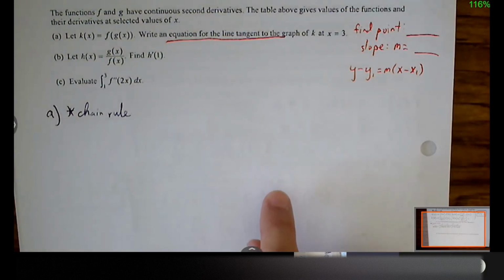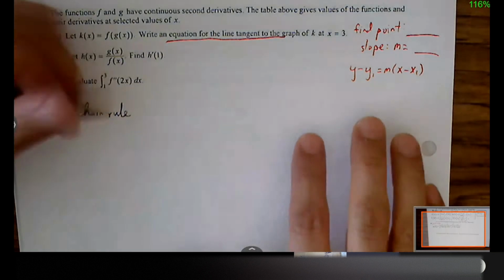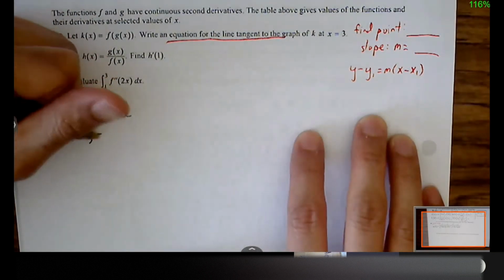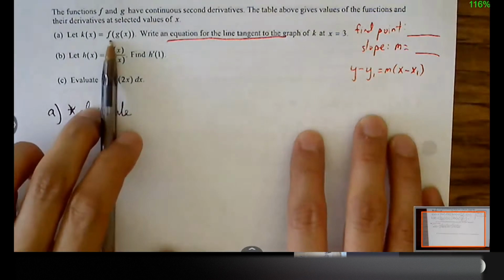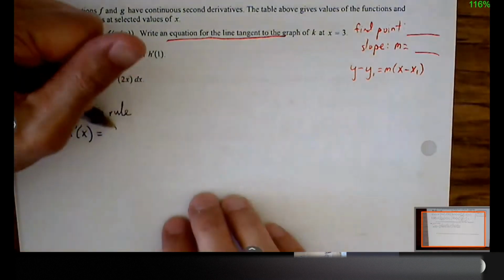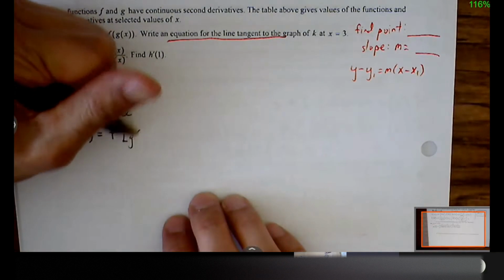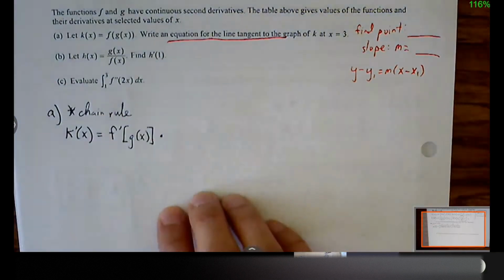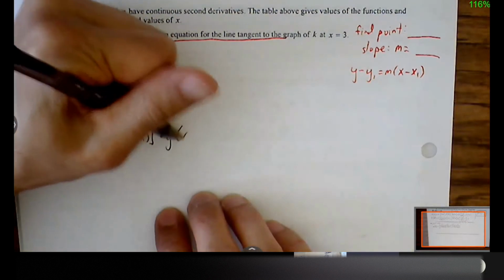Okay. Let's do K prime. Outside function's derivative times inside function's derivative. So outside function's derivative is f prime of g of x times the inside function's derivative, so times g prime.